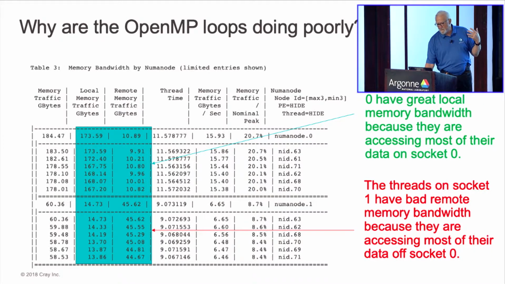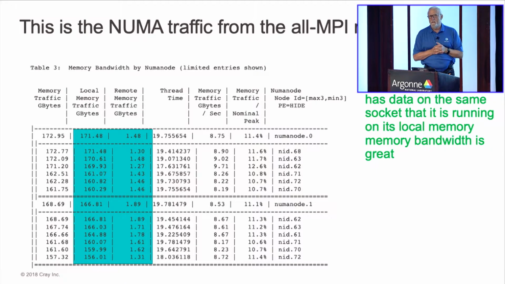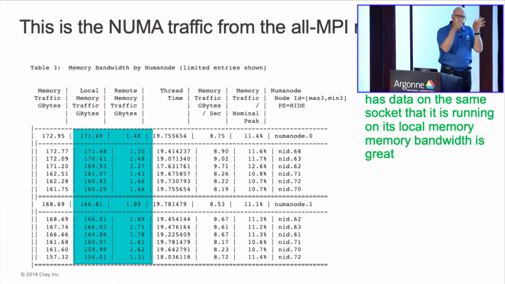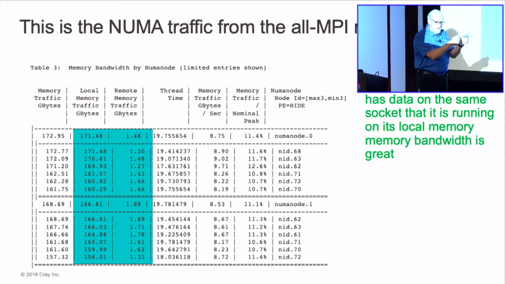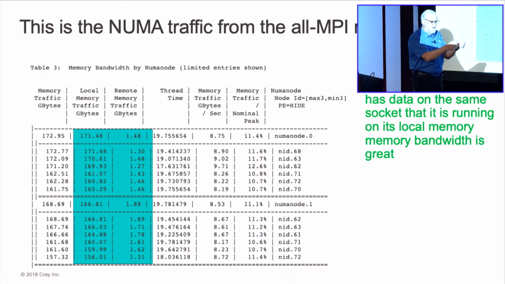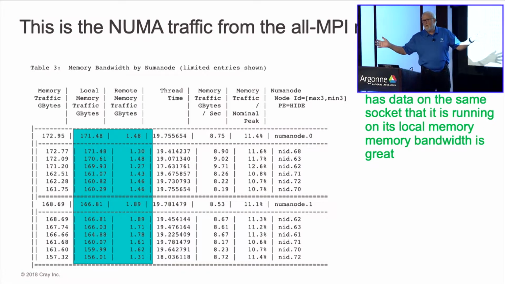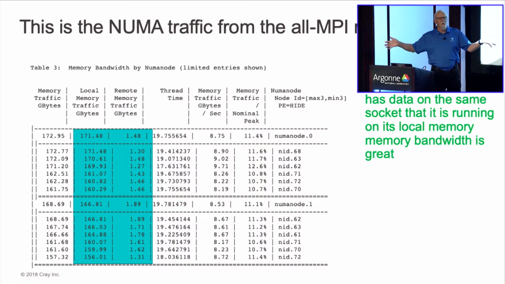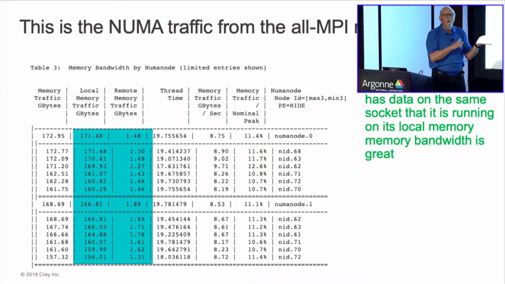So how do we fix it? Oh, by the way, here's the MPI. MPI forces you, each MPI task is initializing its data, and its data is going to be on the memory closest to it. So MPI solves the problem. That's why it's so difficult to beat all-MPI with an OpenMP code.